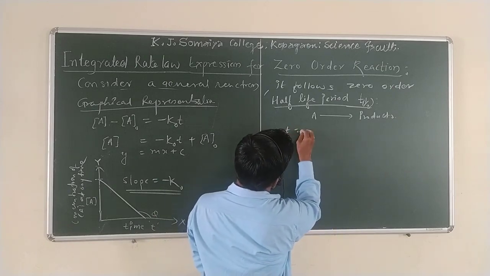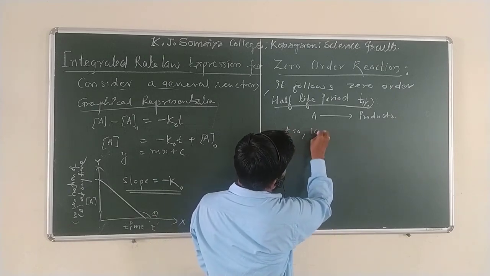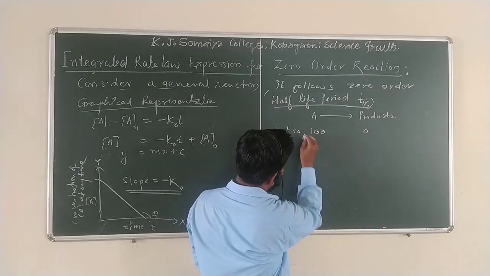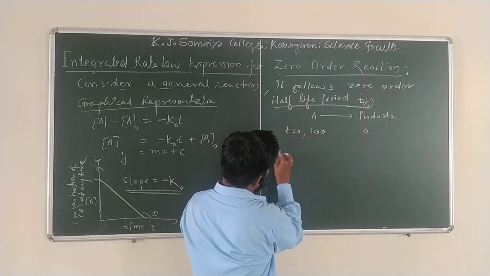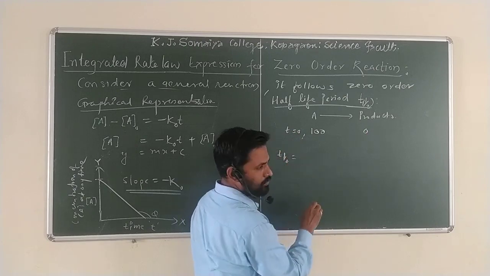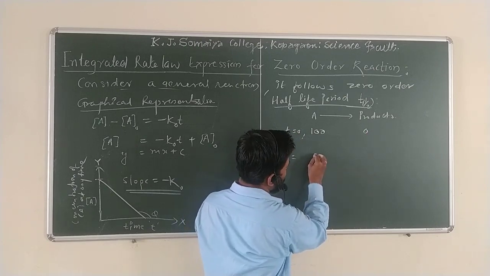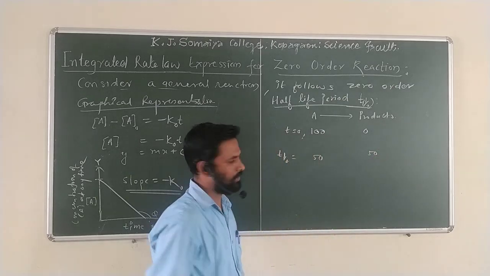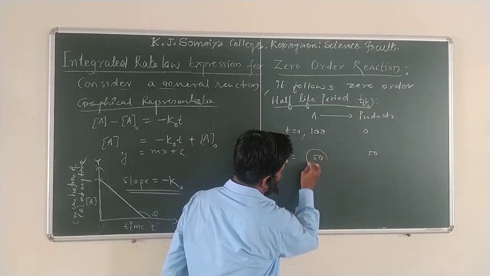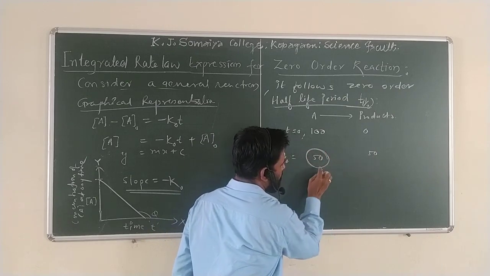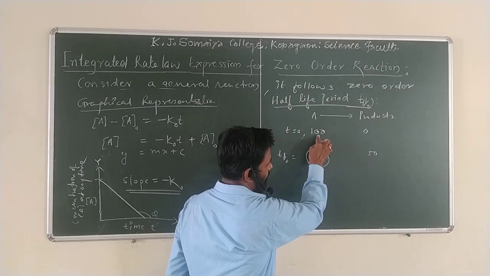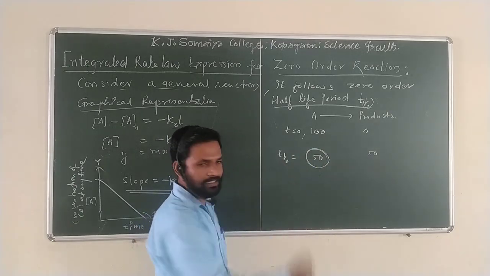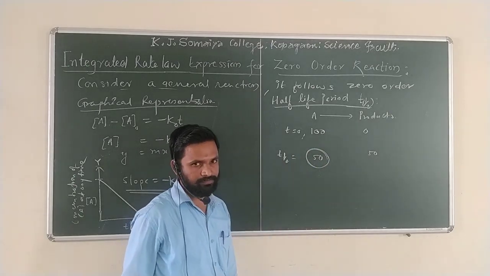When t equals 0, it will be 100 and the product will be 0. When t equals t half, for our convenience, this will become 50 and this will become 50. Whenever the concentration of reacting molecules goes from 100 to 50, half of its initial concentration, that time is nothing but the half-life period.